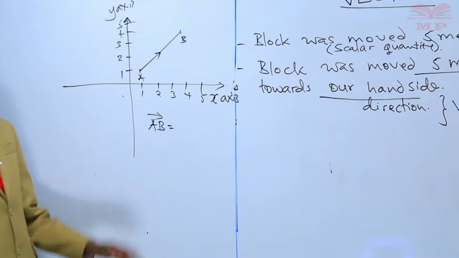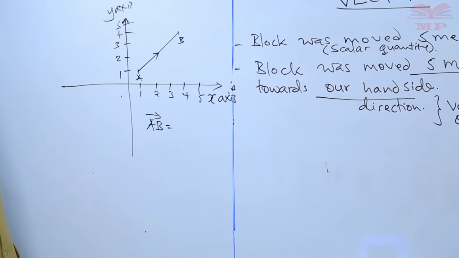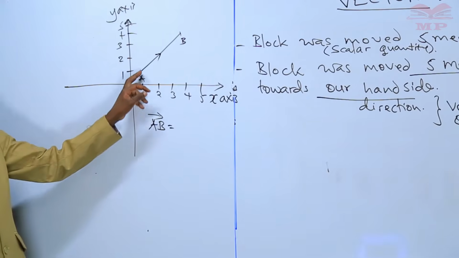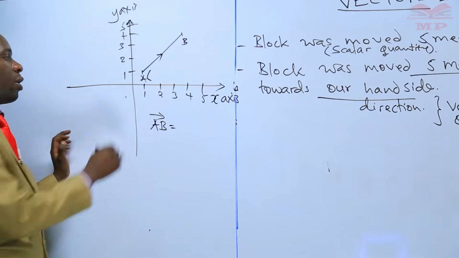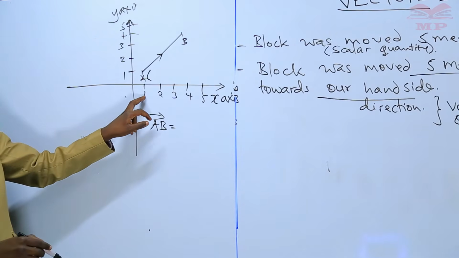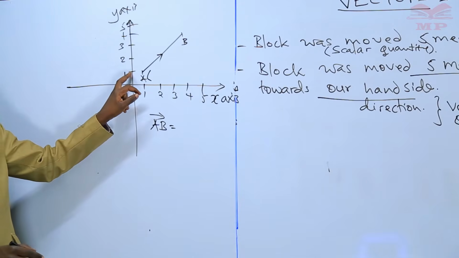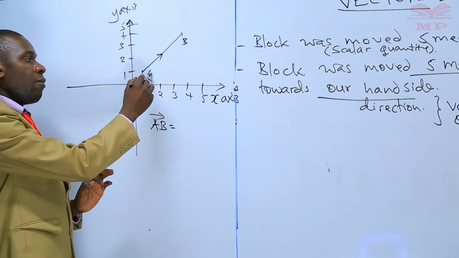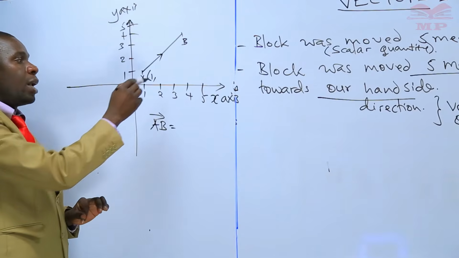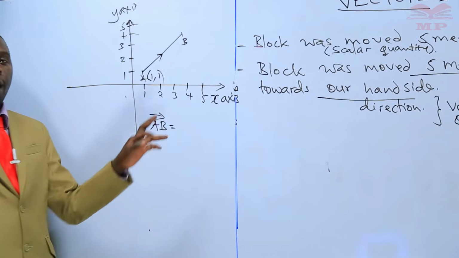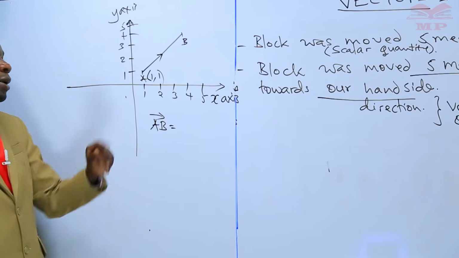Now, using this, we can get the coordinates of A, which are normally given first by the x coordinate, followed by the y coordinate. So we will have 1 and 1. So we have point A being (1, 1).